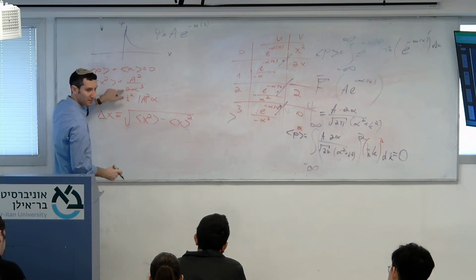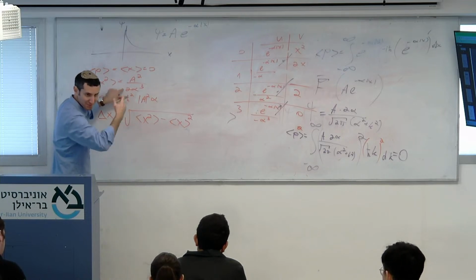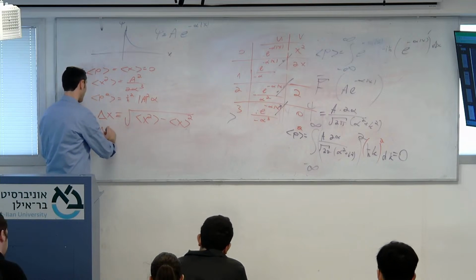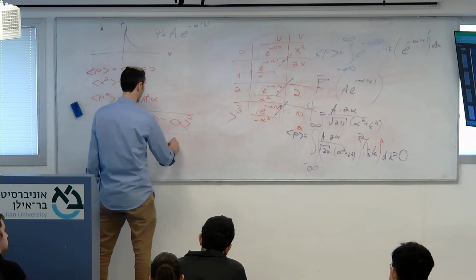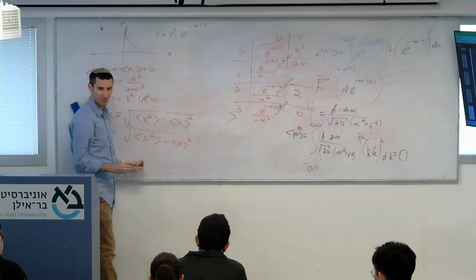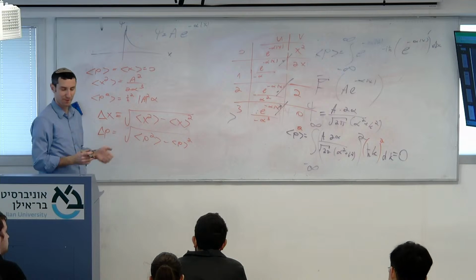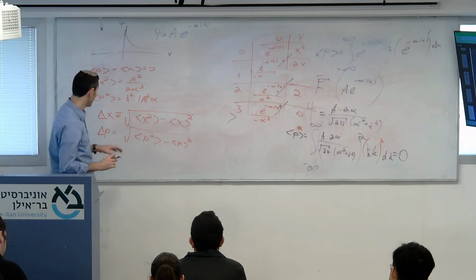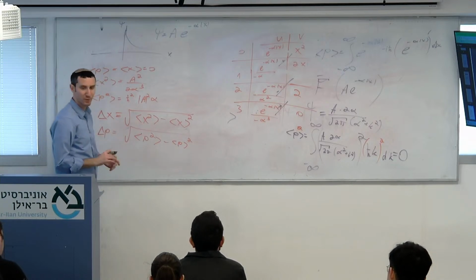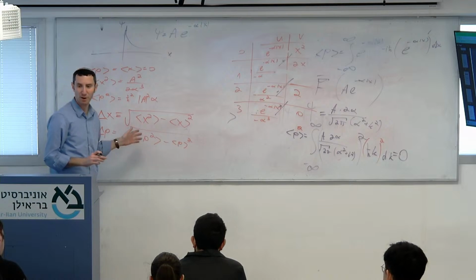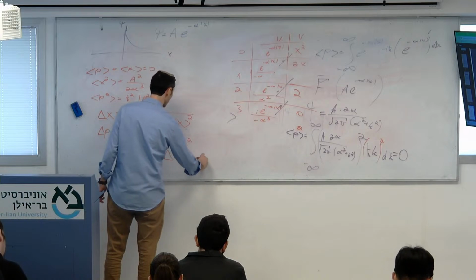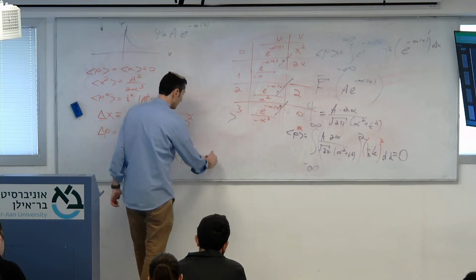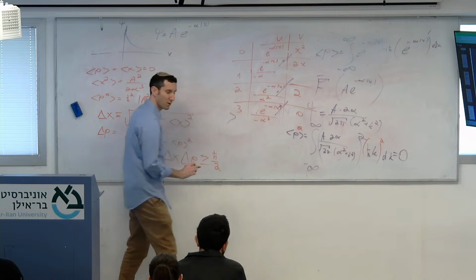Delta p is the square root of, same thing, p squared minus p squared. It's the standard deviation, if you wish. This times this is always going to be more than h bar over 2. Delta x, delta p is going to be more than or equal to h bar over 2.